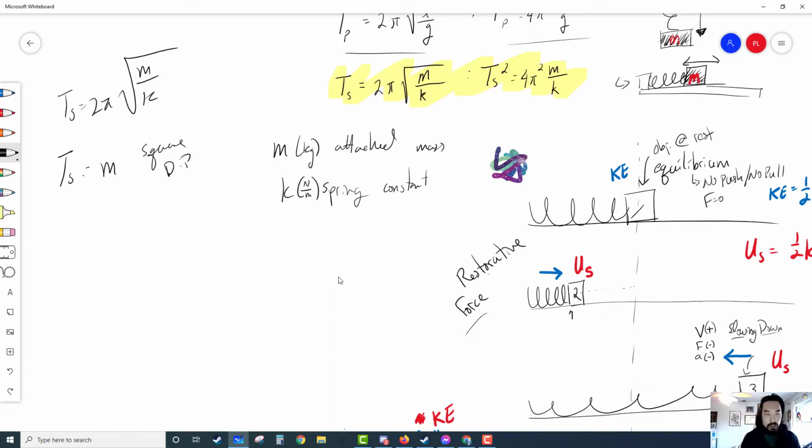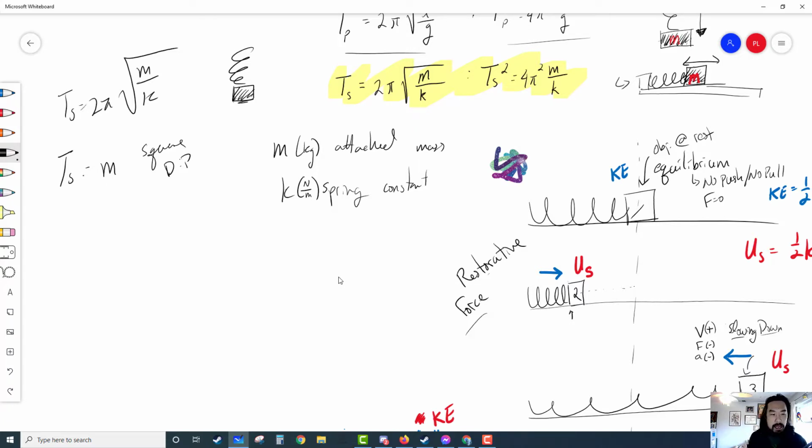You have to imagine it. If you have a spring and you have a mass attached to it, the heavier the mass that is attached, the more it's going to oscillate back and forth because it's going to stretch the spring more. That's why we have that relationship. The more massive the mass, the more it's going to oscillate because it's going to stretch it more.